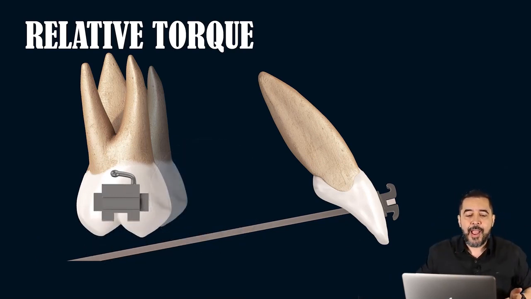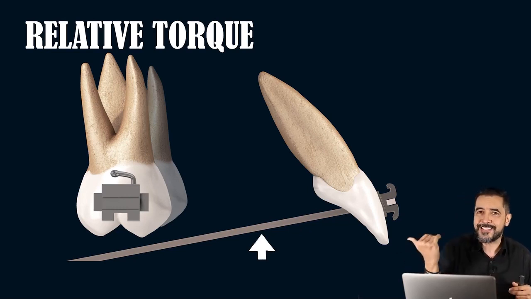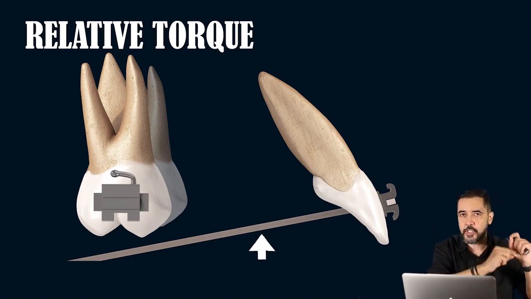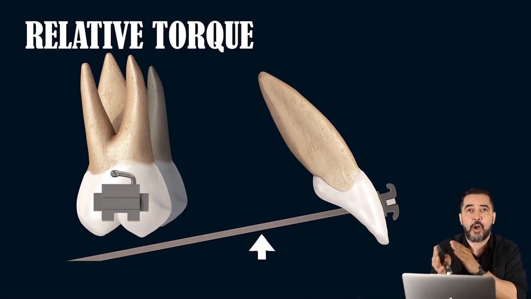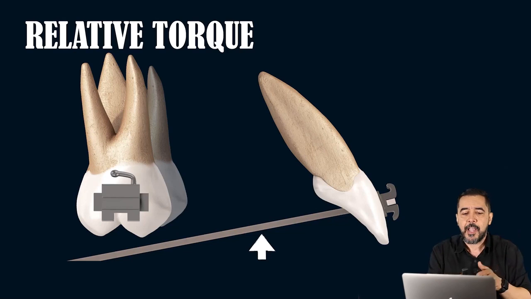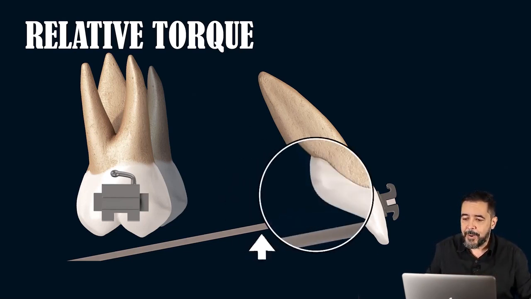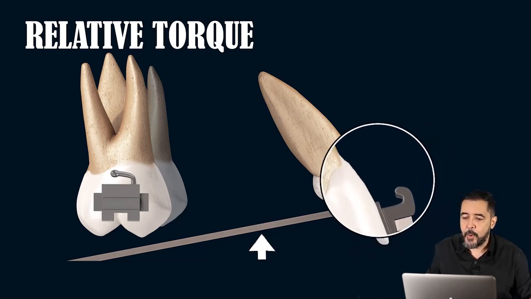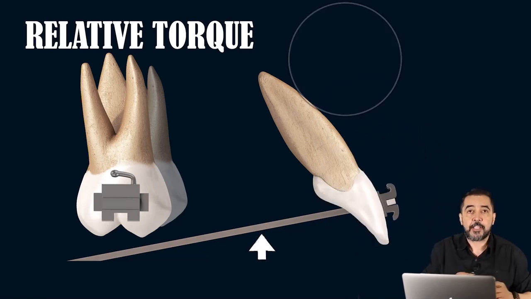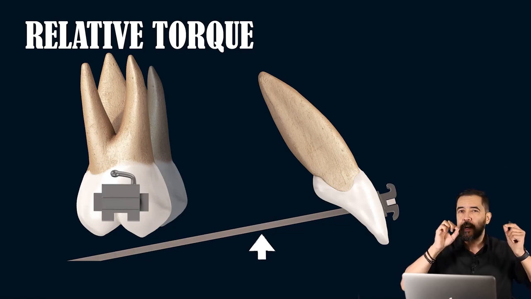What is going to happen when we force this arch wire inside the tube of the molar and the slots of the brackets of the premolars and canines? In this part of the interaction between the arch wire and the slot, it is going to generate a force.